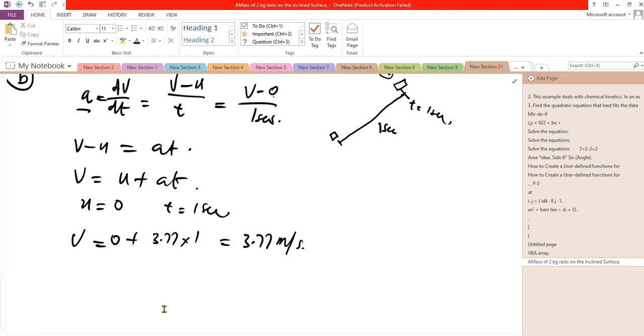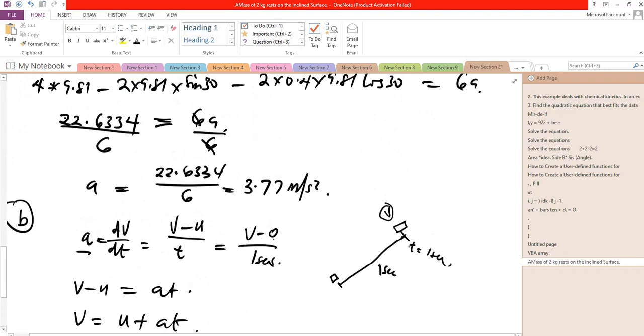Now what they are asking us to get is how far it will go from the point when the thread is caught to the point where it will stop. In this case, the final velocity becomes the initial velocity.